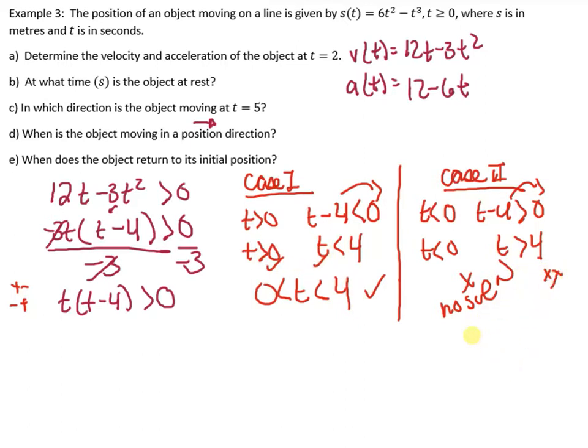So, therefore, between 0 and 4, the object is moving in a positive direction. If we were to graph this, it would look like this. This is 0, this is 4. So we know that it's moving in a positive direction. I'll continue with the next slide.